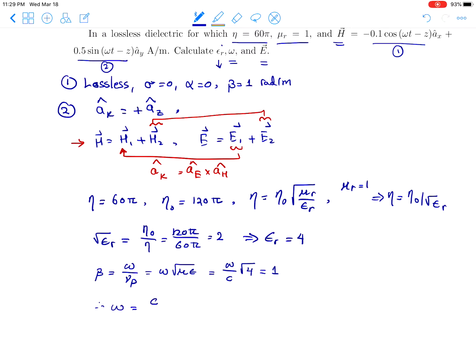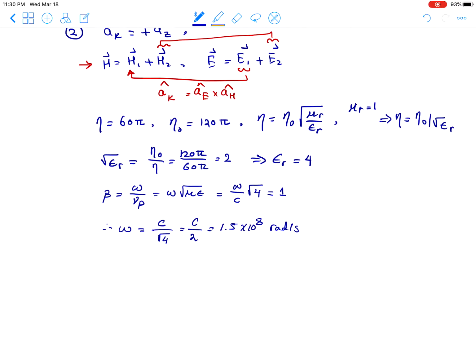Therefore, omega is c divided by the square root of 4, which is 2, which is 1.5 times 10 to the power 8 radian per second.